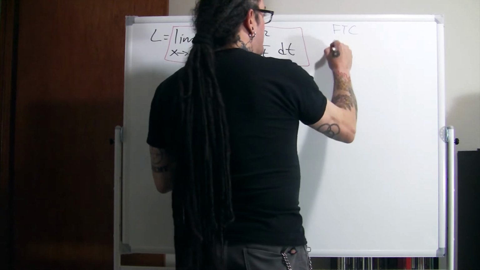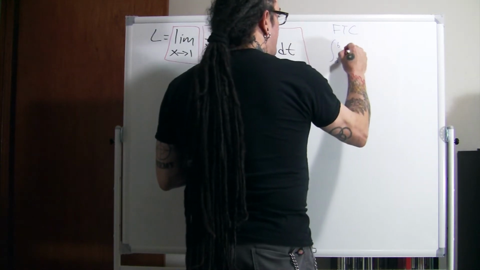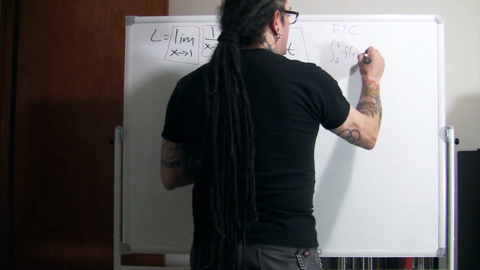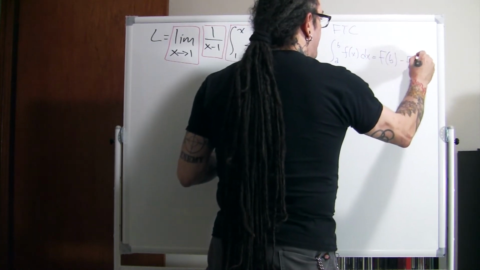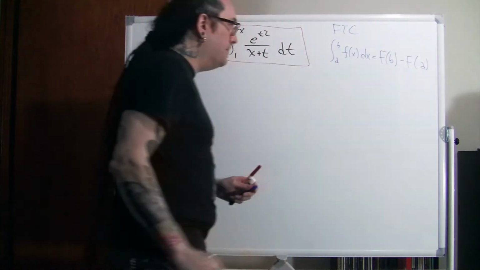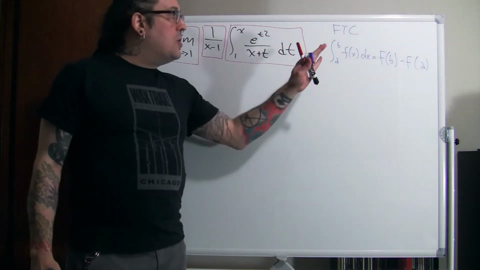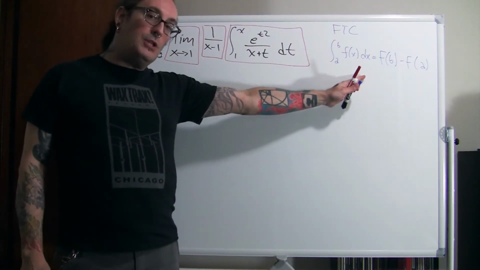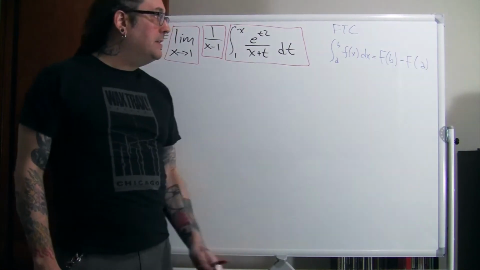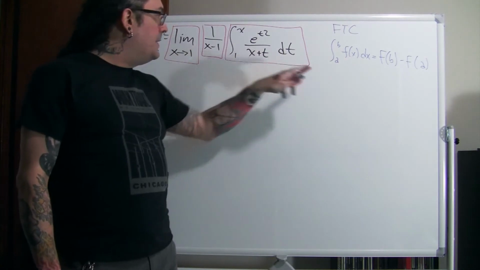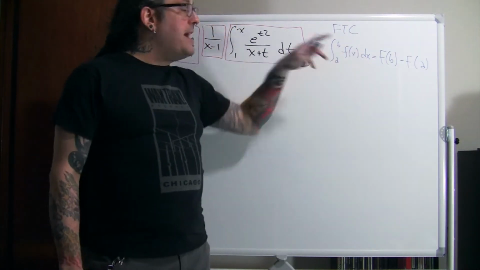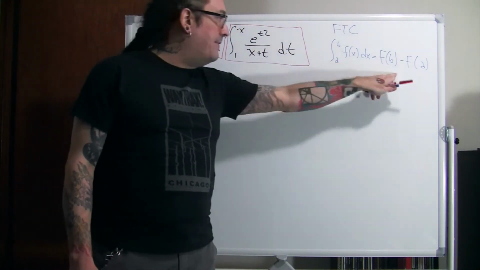Fundamental theorem of calculus, FTC. One of the parts is that the integral from a to b of little f of x dx is big F of b minus big F of a. This is known as the net change portion, where little f is the function in the integrand, and big F is the antiderivative of little f.